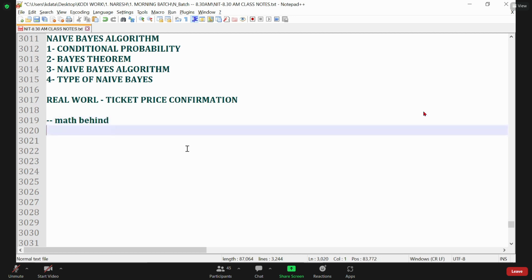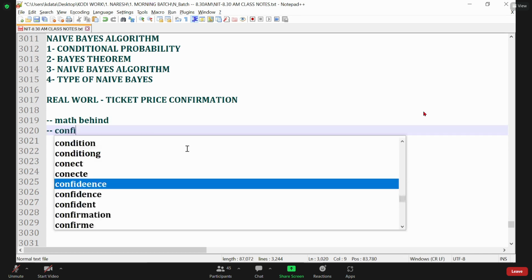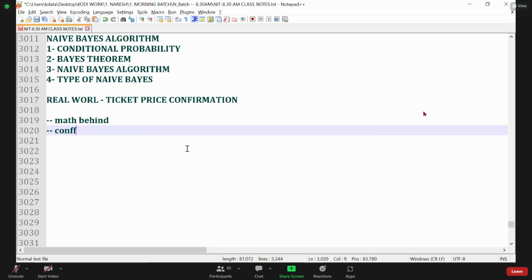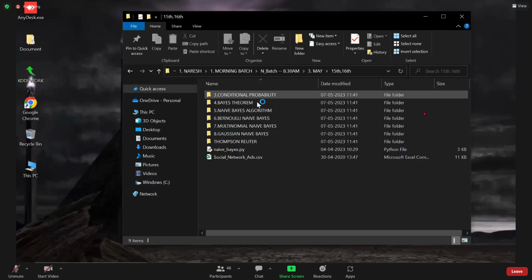So the first thing, let's discuss conditional probability. What exactly is meant by conditional probability? Listen to this, guys, and we'll go into more detail. Have a look at it.